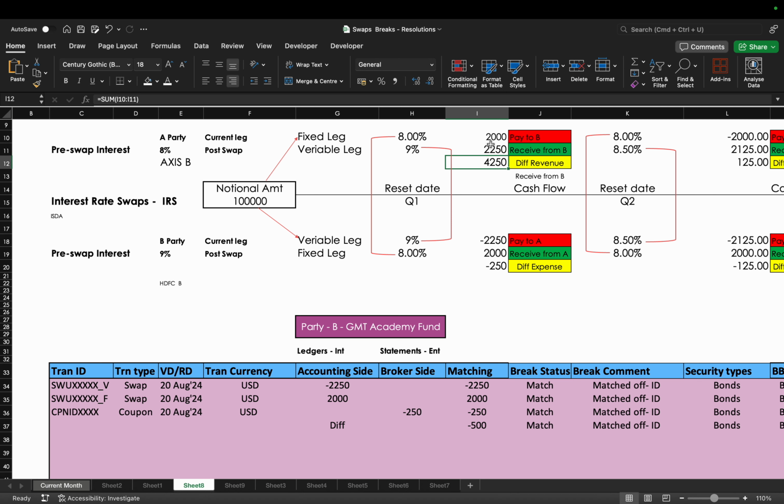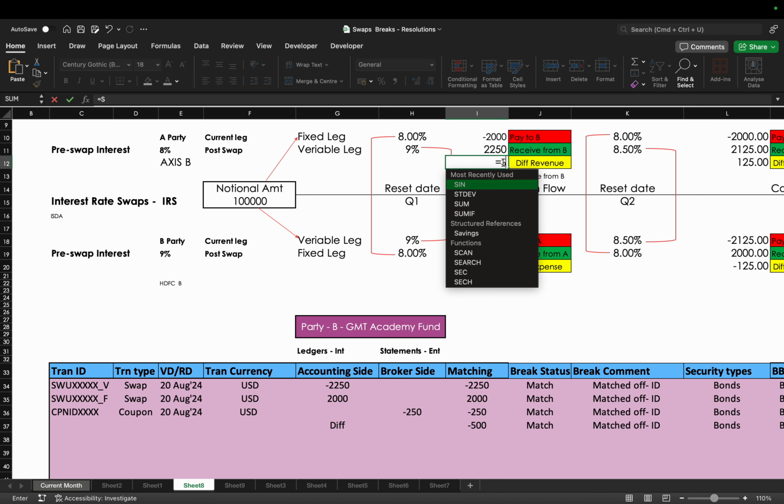We'll have to fix the calculations, because in terms of calculations what we need is this. Let's say we pay 2000 to B, and the counterparty pays to us, so it means only the difference.